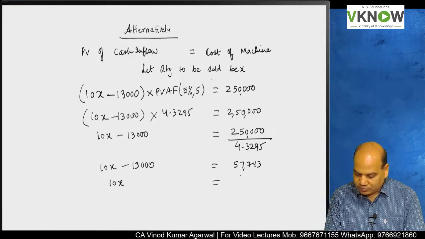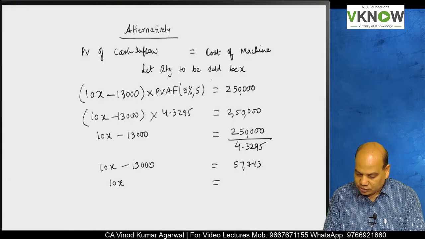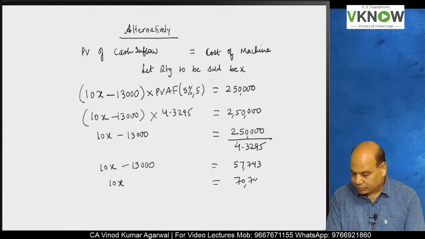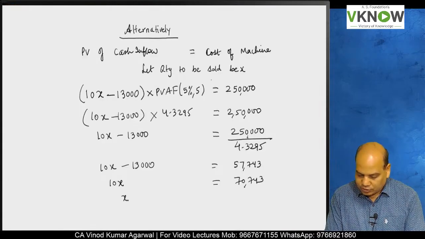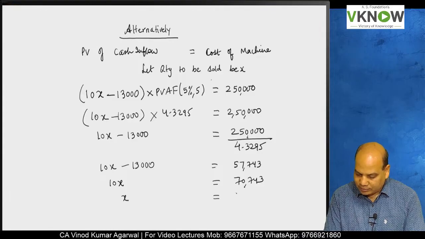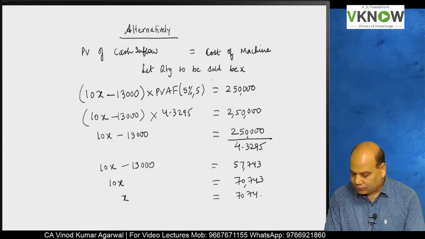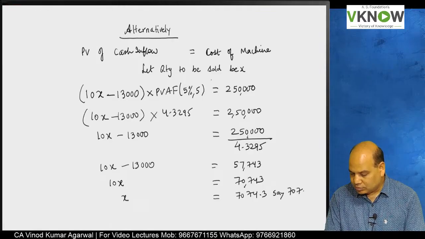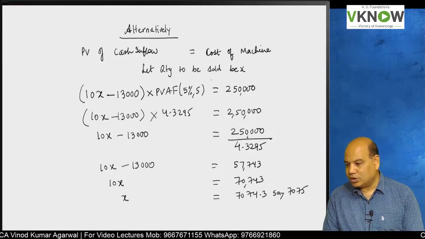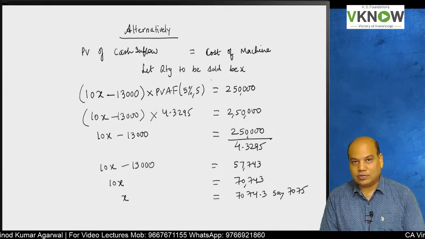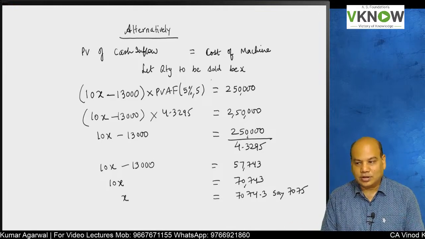Add this number, this will become 70,743. So x will be equal to, divide by 10, 7074.3, say 7075. We are doing the same thing. That was vertical, this is horizontal.